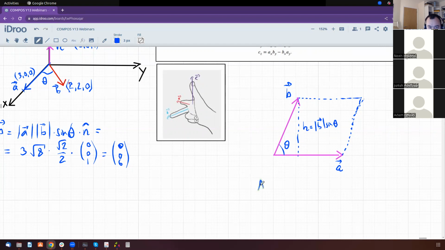So the area is modulus of A, modulus of B, sine theta. In other words, the cross product of A times B is equal to the area of the parallelogram.